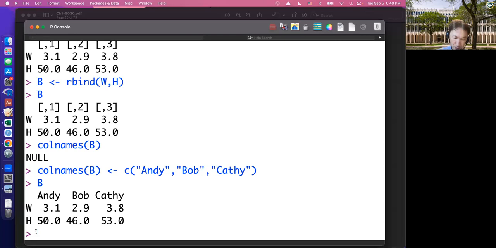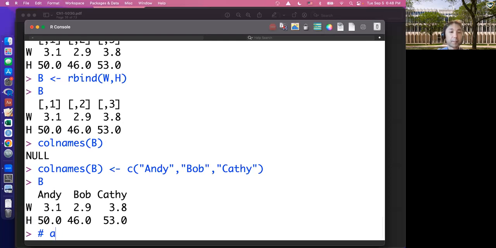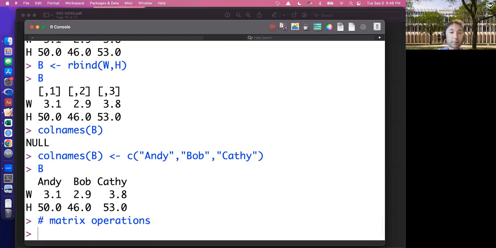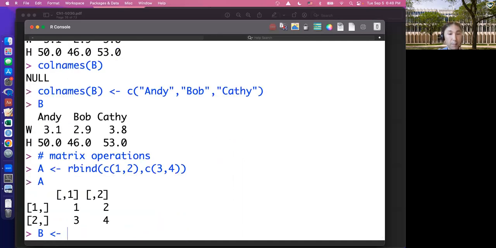Okay, so we just generated matrices, but now we do matrix operations, calculations. Suppose A is a matrix of 1, 2, and 3, 4. So the first row is 1, 2, the second row is 3, 4. So this is a 2x2 matrix. And suppose B is this matrix with 3, 0, and 0, 2.